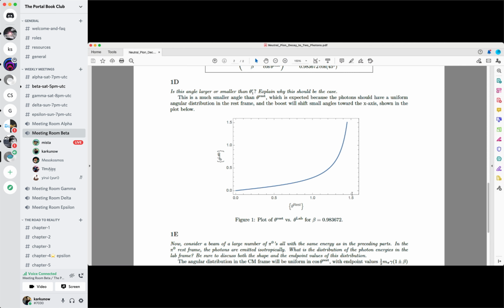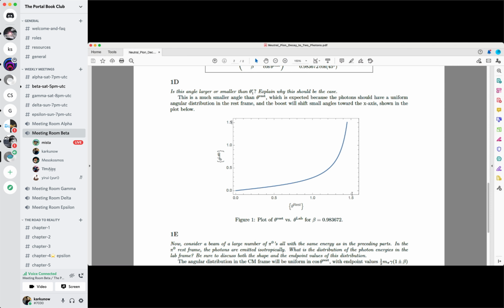I'm just trying to think, you have said that it means that this photon is having a really big energy, right? Yeah, so that would just be for conservation of energy and momentum.